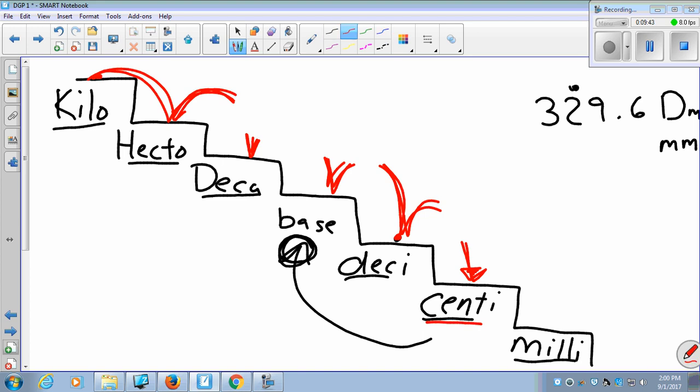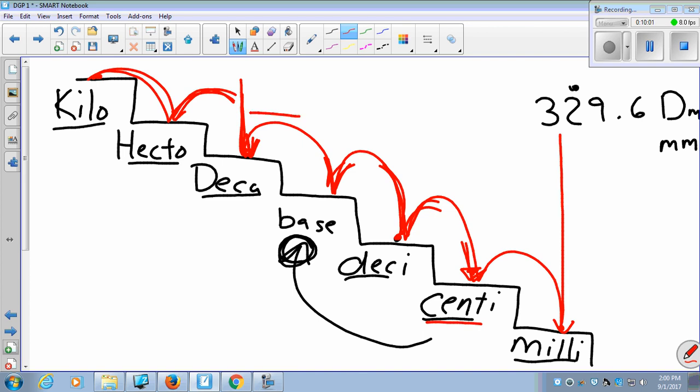Okay, guys, welcome back. If you went from deca to milli, what I'd like you to do is take your pen and go 1, 2, 3, 4. My pen went from here to here. That direction is to the right.